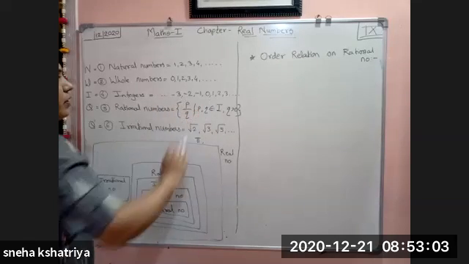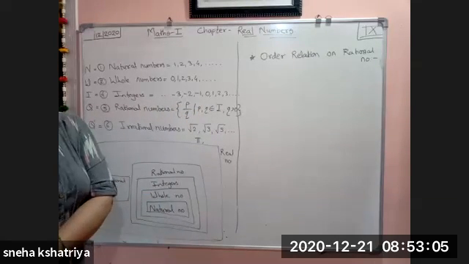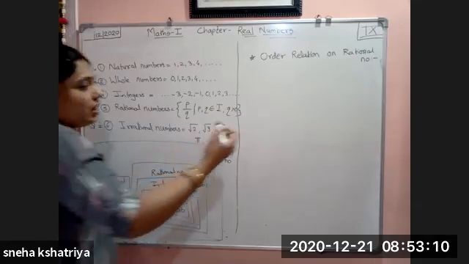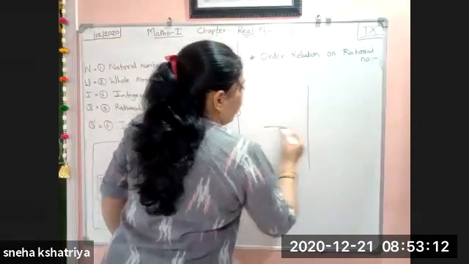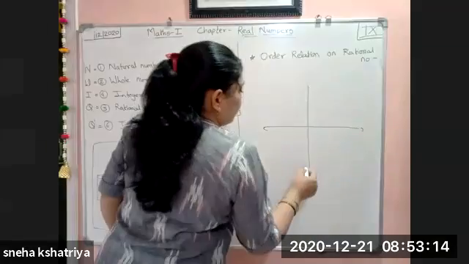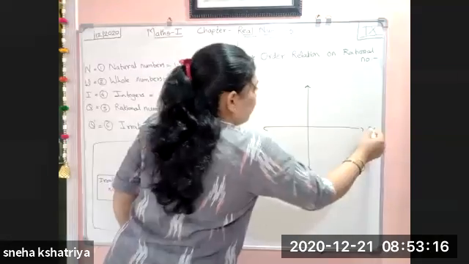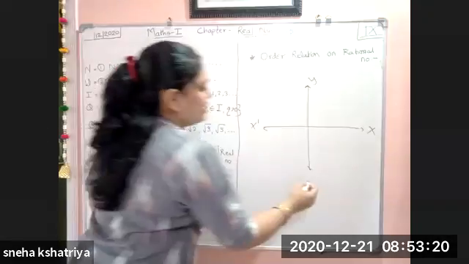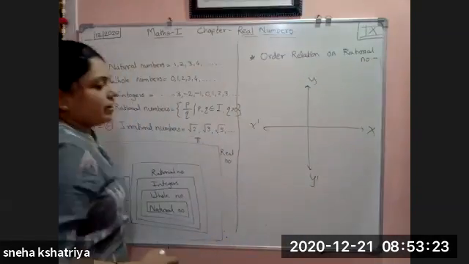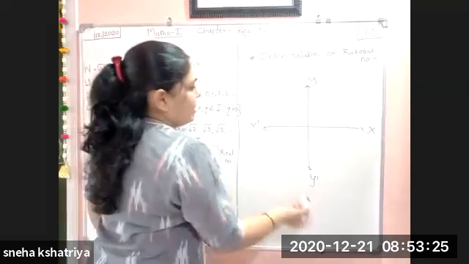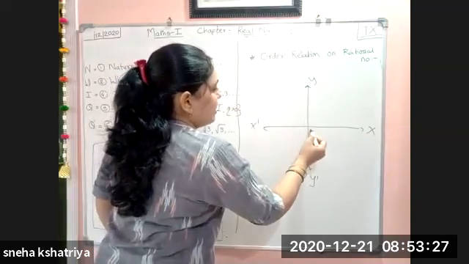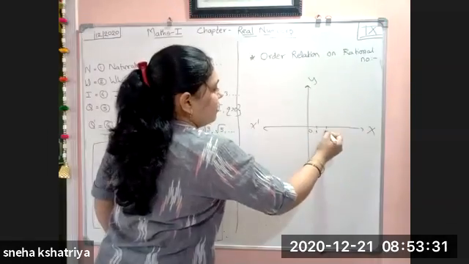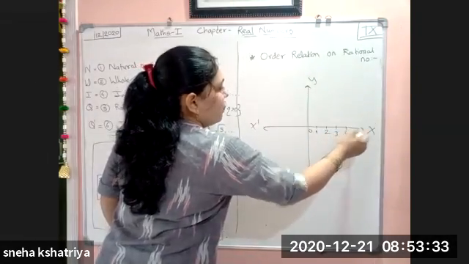This kind of numbers, positive and negative, we write in the graph. Wherever we use a graph or plot an axis, that is the xy axis. This is your x axis, this is your y axis. This we call x dash, and this we call y dash, because here at the center it is 0. On the right side we go 1, 2, 3, 4, and so on.